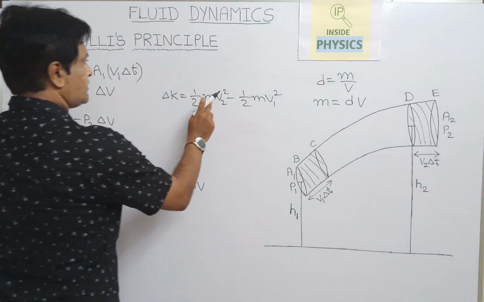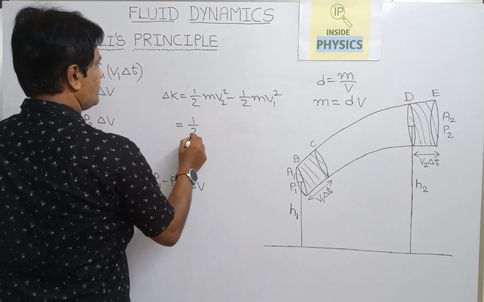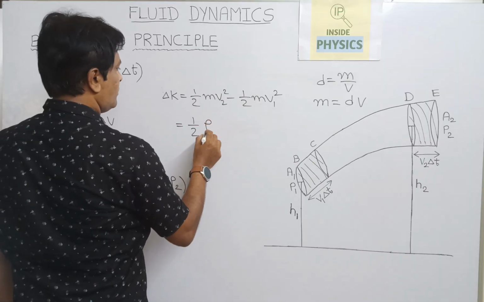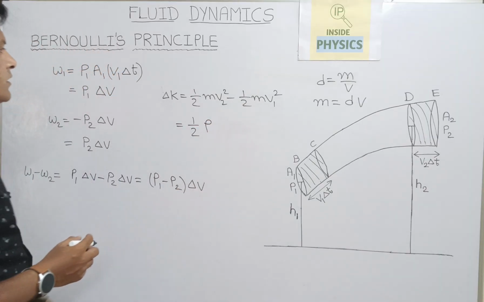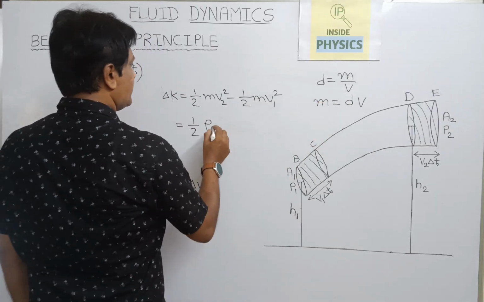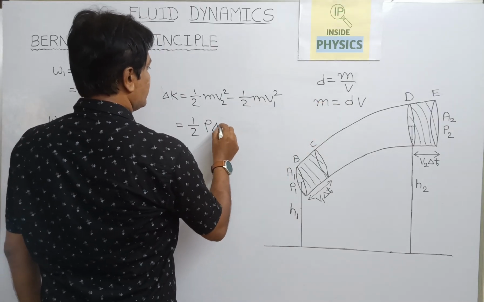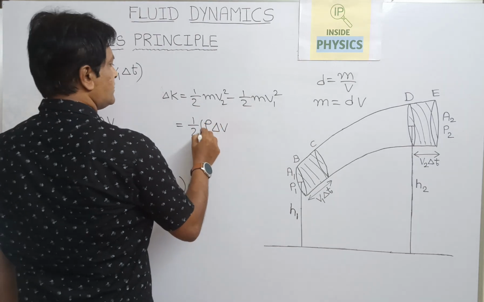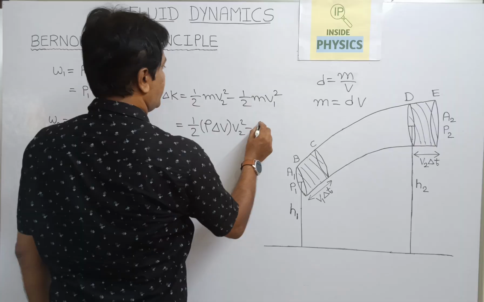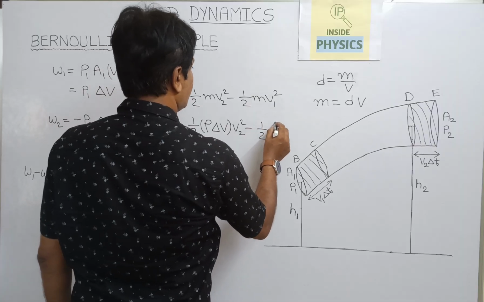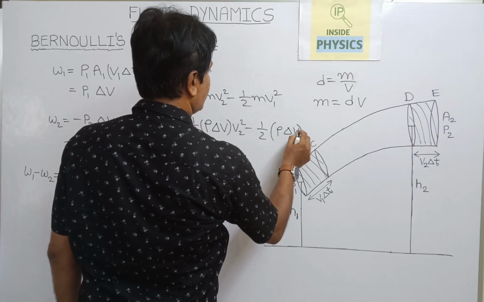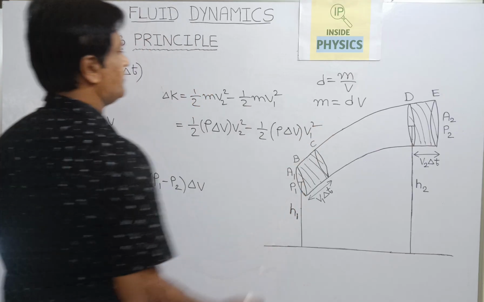In the same way, half m is half into rho, where density of the liquid is considered as rho, and volume is delta V, and this is the mass of the liquid, into V2 square, minus half into rho delta V into V1 square.